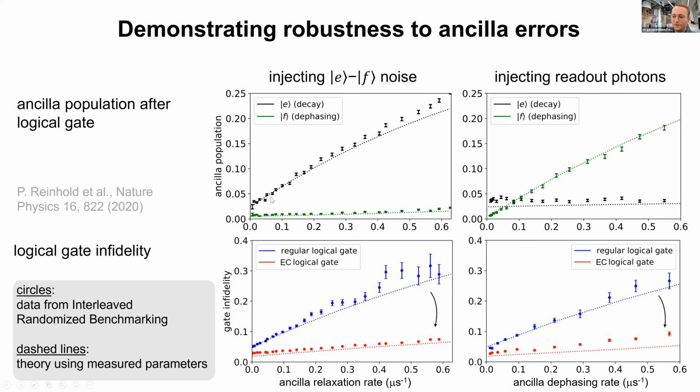Oh yes, the 1% would be the leftmost point here, exactly. This is the natural relaxation and dephasing errors that we have. And relative to that, what's the relative reduction at that point? At that point, we would have a factor of 2 reduction. The main limitation, except photon loss, which is benign, would be readout-induced errors. This is why it's only a factor of 2 and not more.